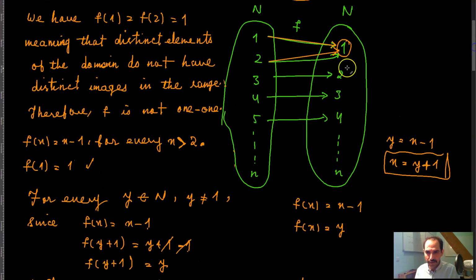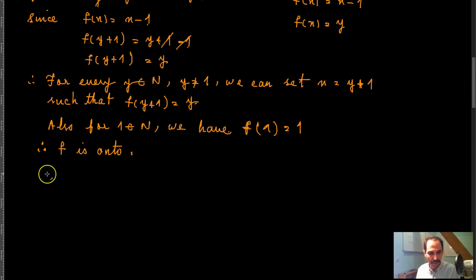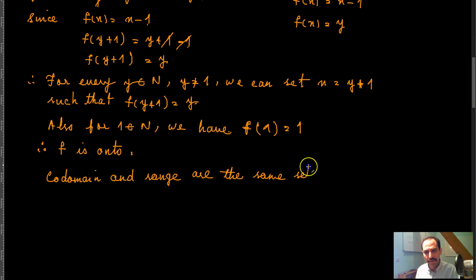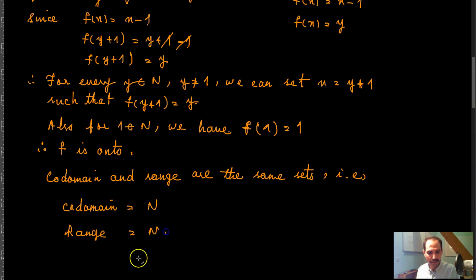That means that in this case the codomain and the range of the function are the same sets. That is, the codomain is equal to the set of natural numbers, and also the range is the set of natural numbers.